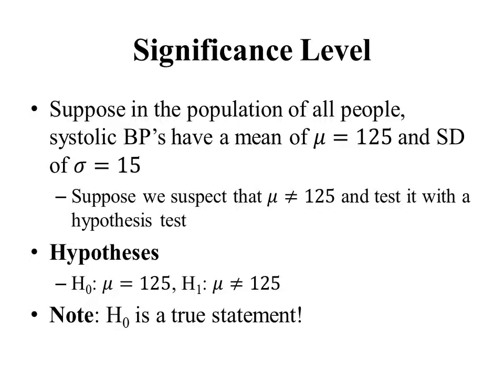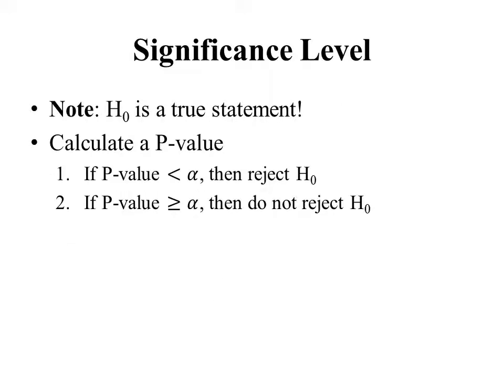Well, remember when we talked about hypothesis testing, we said that all of our calculations are done based on the assumption that the null hypothesis is a true statement. Sometimes that assumption is correct, sometimes it's not. In this case, that assumption is correct. So again, our null hypothesis is a true statement.